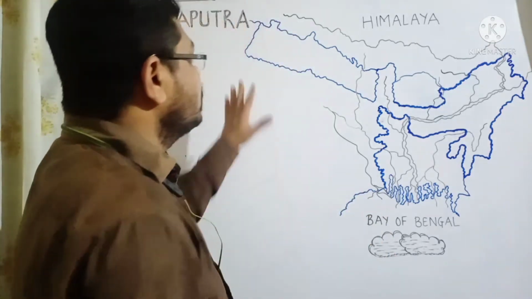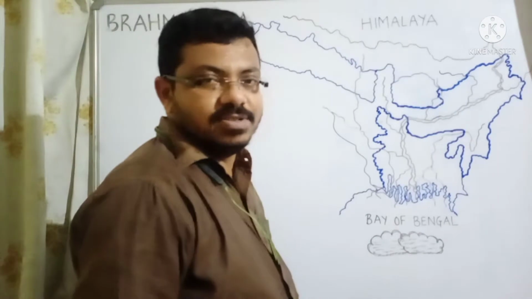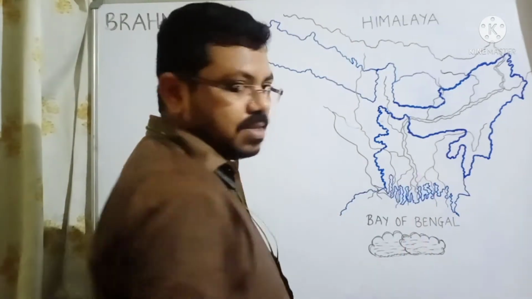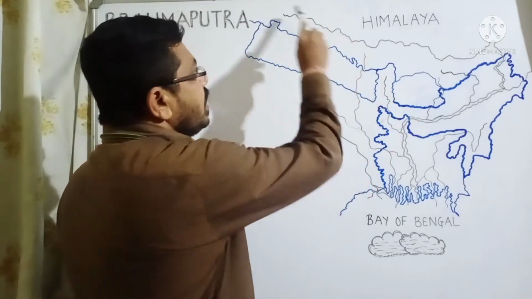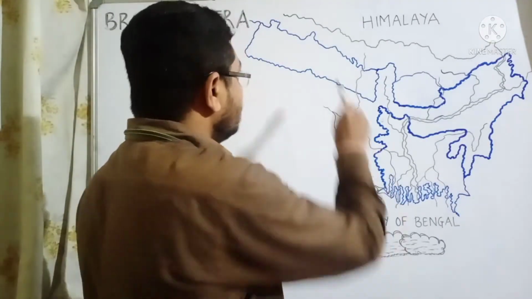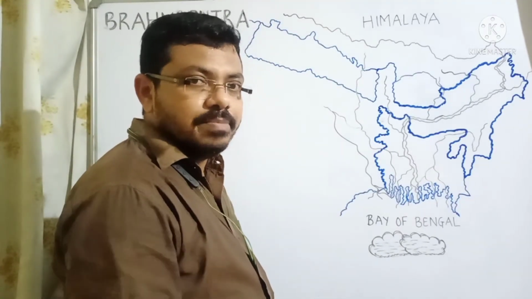Here, as you can see in the map, this portion is showing us the northeast of India, including Bangladesh. And this is Nepal, Bhutan and the Himalayan belt. This is the point of origin of Brahmaputra river, which is known as Sangpo in Tibet.